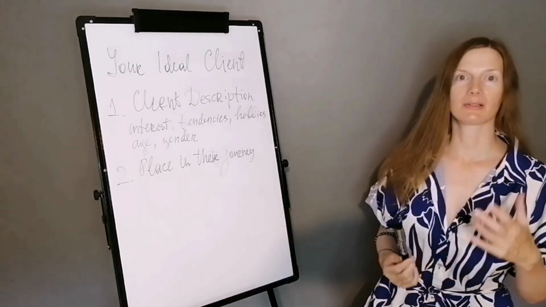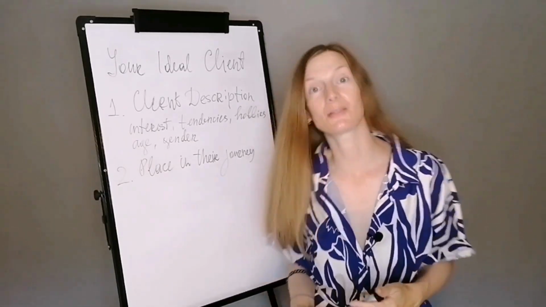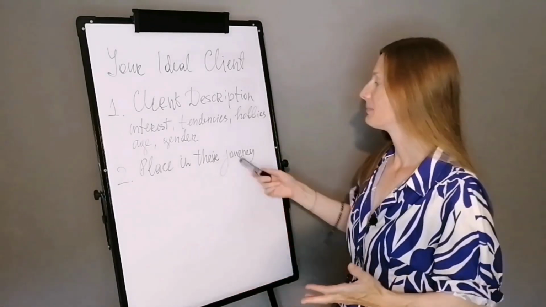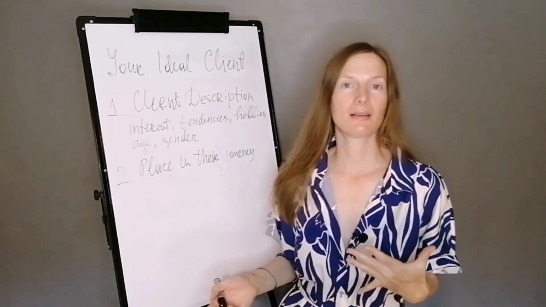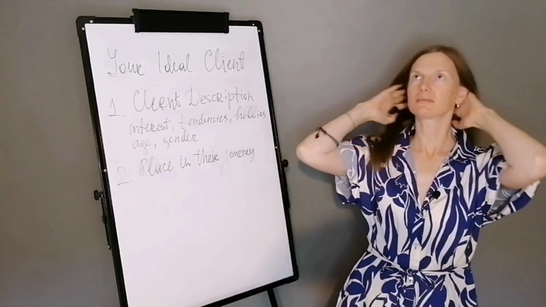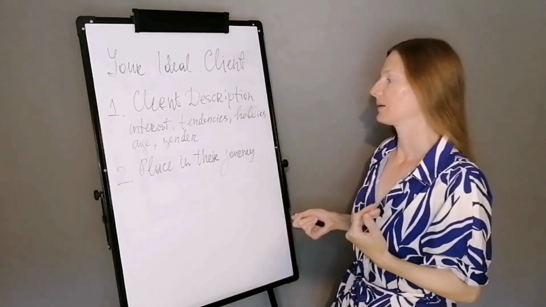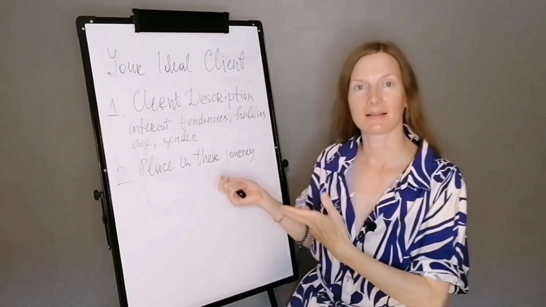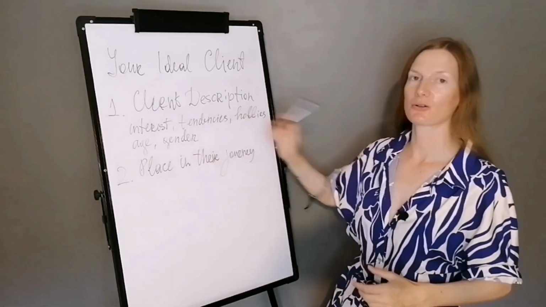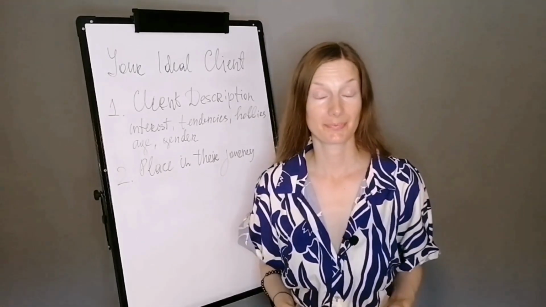For example, if I offer help with starting a business, I have a course on building a business on Instagram, but there might be a person who is already having a successful business, already using Instagram for business and so on. So this would not be the client for this particular product. The client could have the same description, but has a different place in the client's journey.